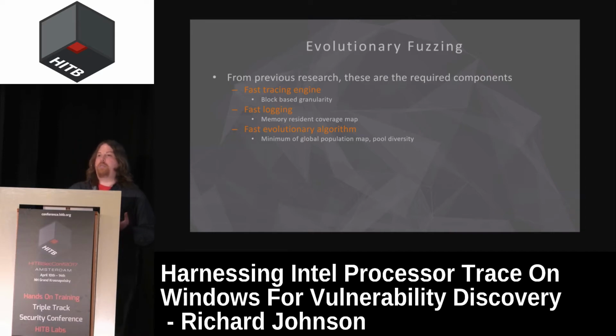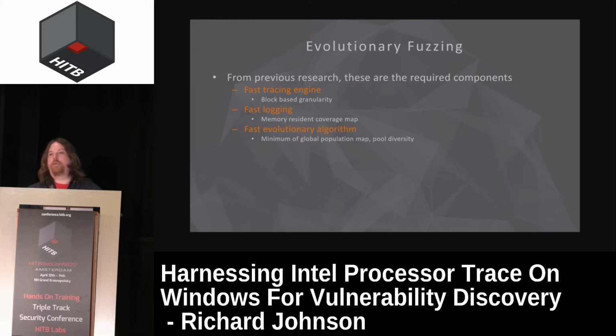He did it for his PhD, and he really dove deep into the science of how genetic algorithms work and what fitness landscapes there are, and what attributes you can put into it. But at the end of the day, we need to minimize the attributes that we're looking at because we need to do very, very fast lookups and references across your entire population pool, so your entire corpus.